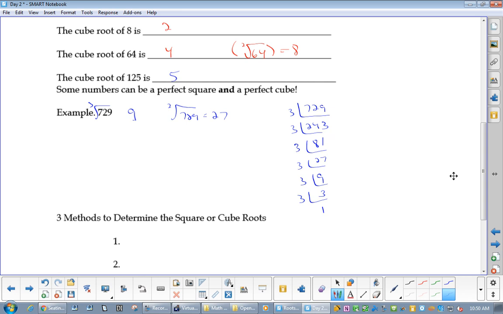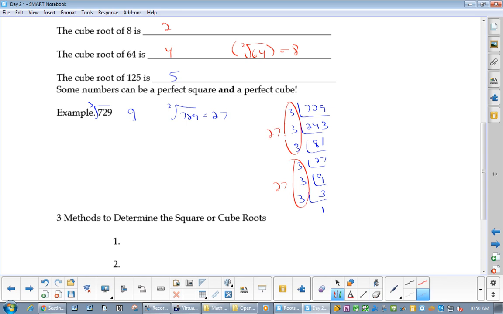Well, now I have 2 sets of pairs, and 3 times 3 times 3 is 27. Or sorry, no, that's 27 times 27. So that's why it's a perfect square.